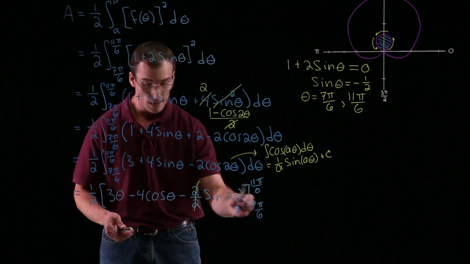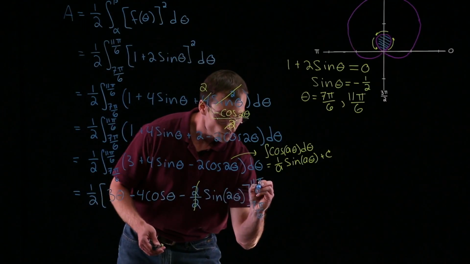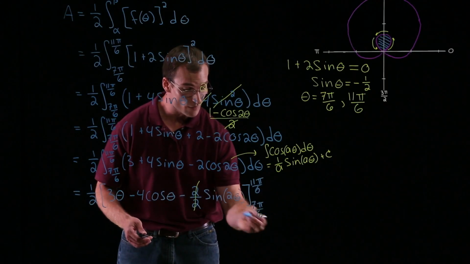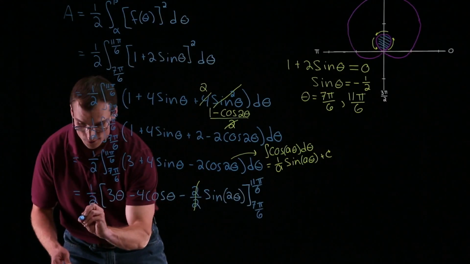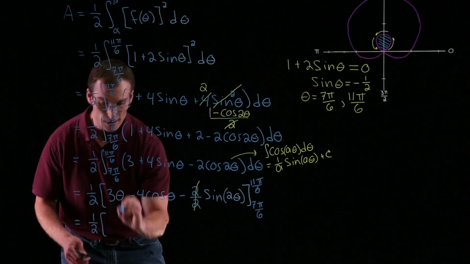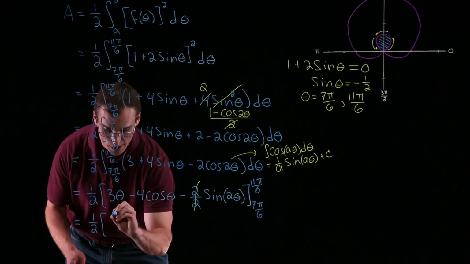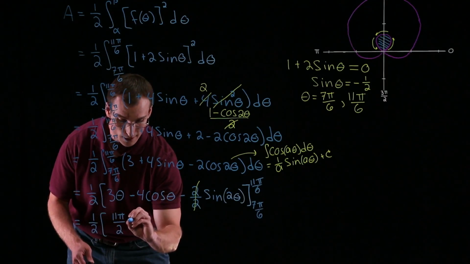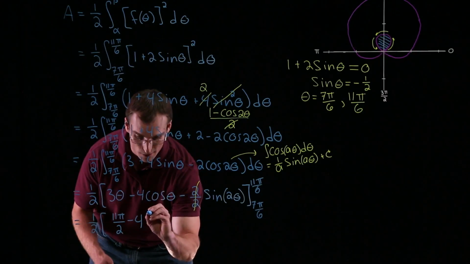Okay, so now what we have to do is take everything here, plug in our upper limit, 11 pi over 6, and then subtract the entire expression with 7 pi over 6 plugged in, our lower limit. So let's start that here. We're going to have 1/2 times 3 times theta, so our theta is 11 pi over 6, times 3 would be 11 pi over 2, minus 4 times cosine of 11 pi over 6.